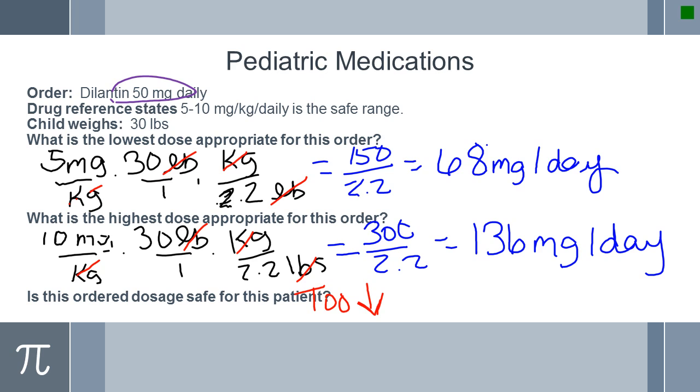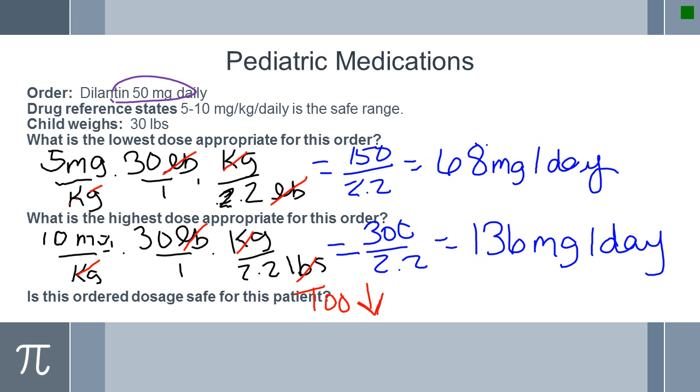Our high dose is 10 milligrams per kilogram. 30-pound patient, 1 kilogram is 2.2 pounds. Cancel labels.